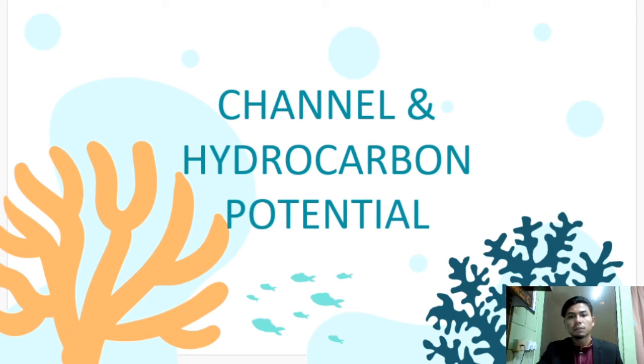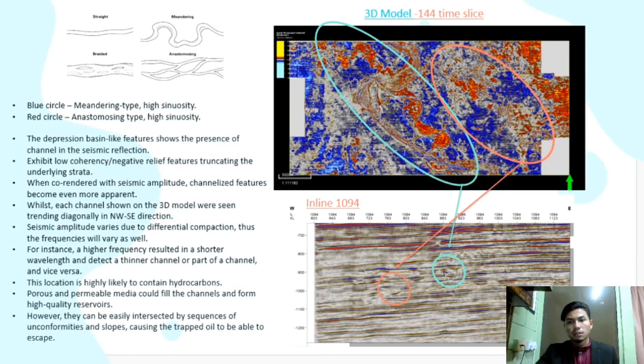Now, I will proceed with the channel and hydrocarbon potential in Bundi field. These are some of the channel features that we managed to find in the Bundi well section. So the blue circle is the meandering type of channel, while the red circle is the anastomosing type of channel.